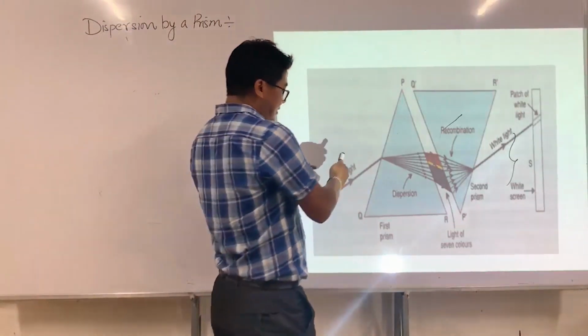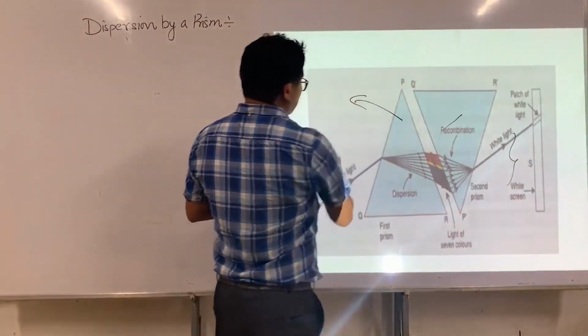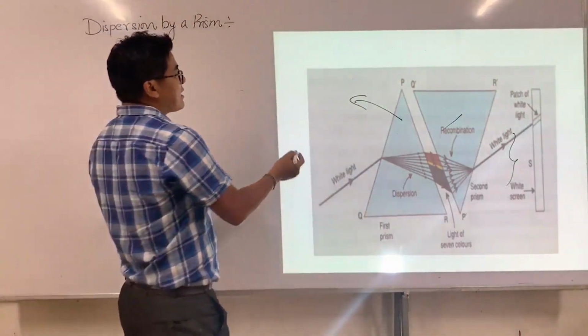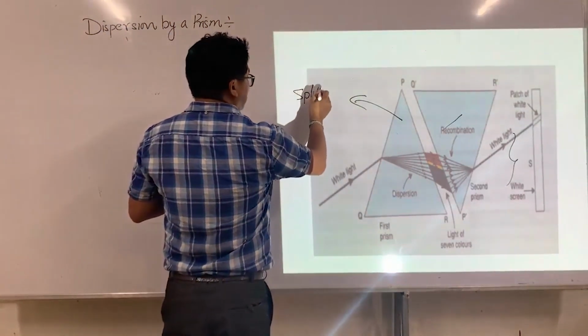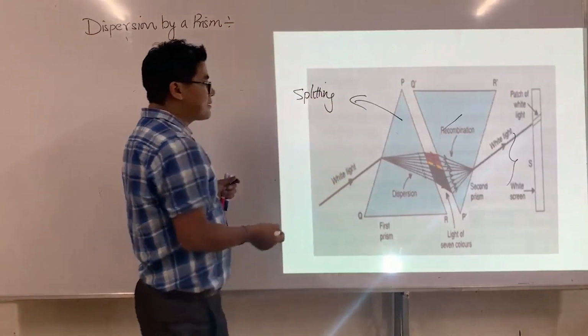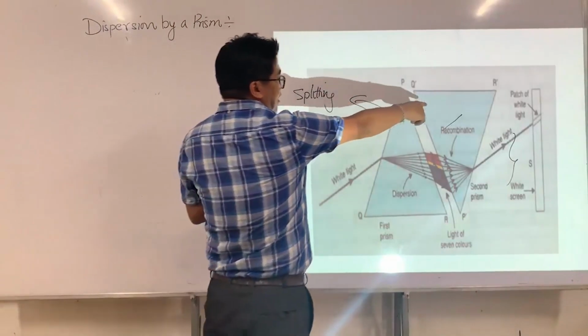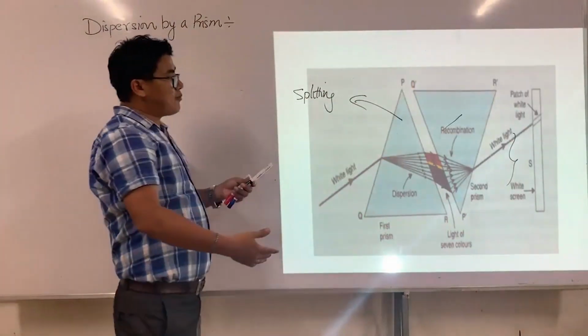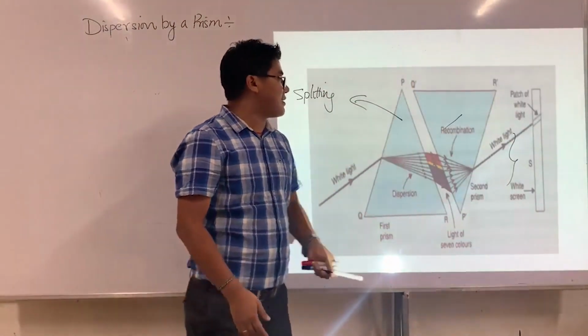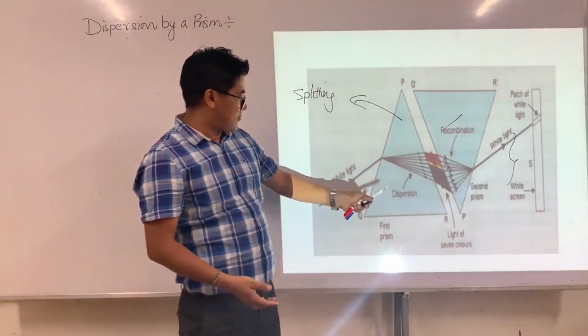merged it. So the purpose of this prism is splitting, right? Splitting, and by splitting we get 7 colors. And now, if I put this prism inverted, this prism does the opposite of the earlier prism.